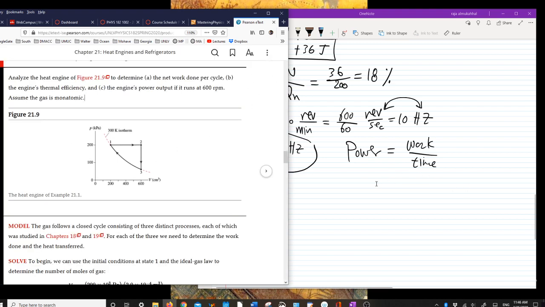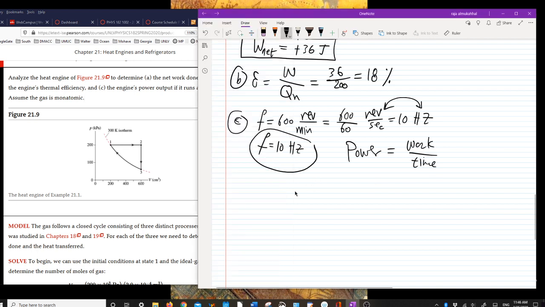And we know, if you remember from previous physics courses, that it is tau. So that's work over tau. So tau here is 1 over F. So that'll be 0.1.